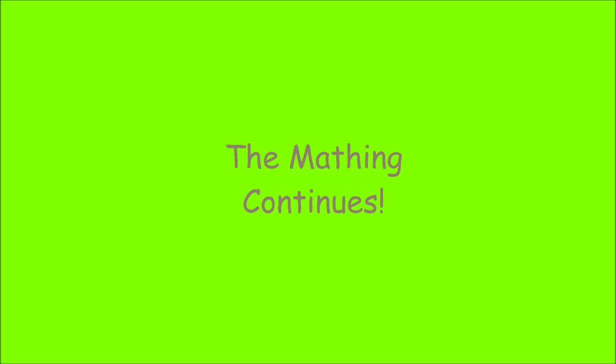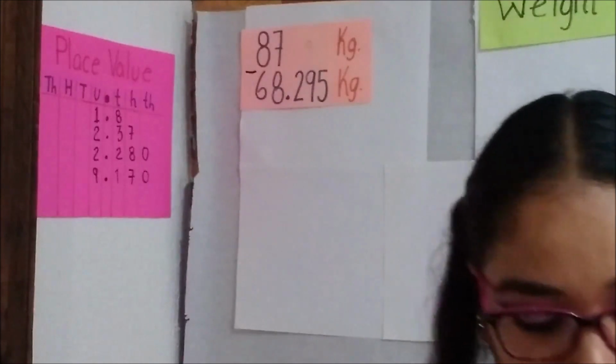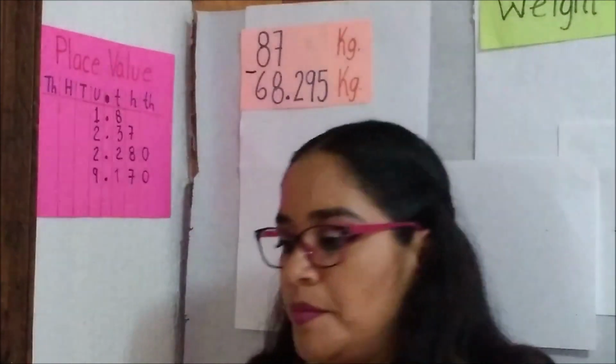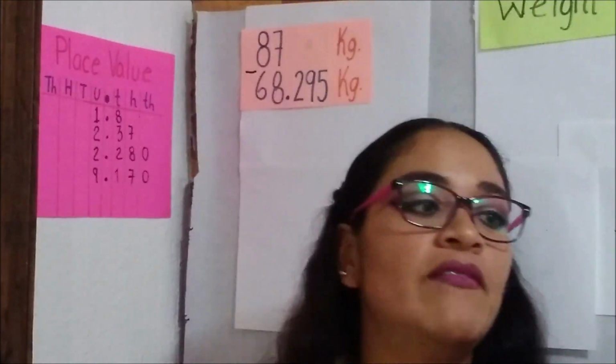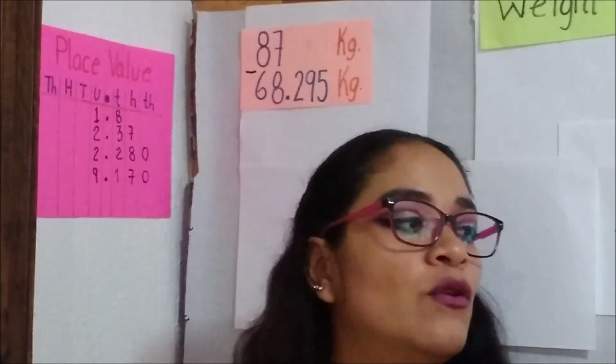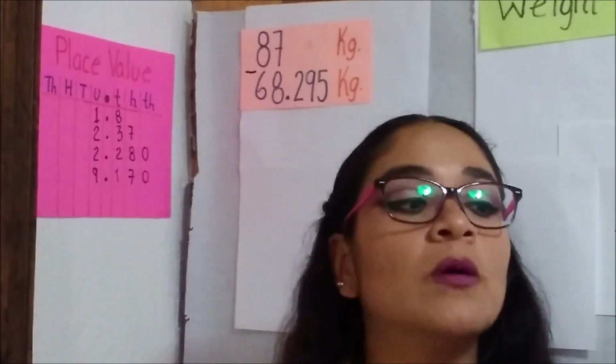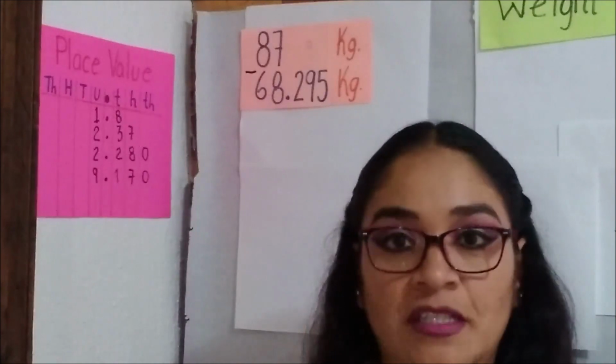Well, in problem A, let's read it together. It says, a father and his son weighed a total of 87 kilograms. If the father weighed 68 kilograms with 295 grams, what's the weight of the son?